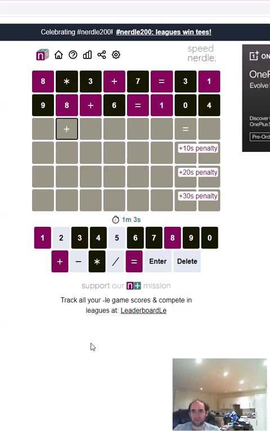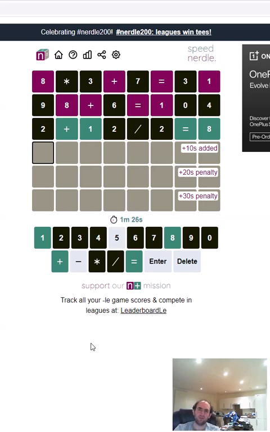It's going to be something plus something over something, I suspect. That's probably going to be, let's try 2 divided by 12 over 2, because that does equal 8. No, we're not getting, well, I mean I've got everything in the correct position.